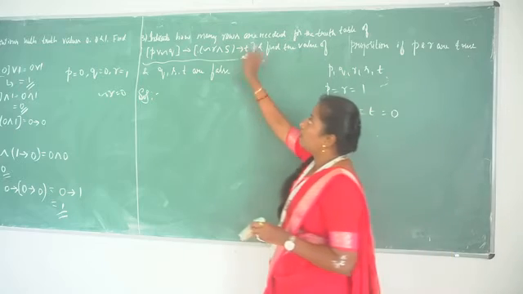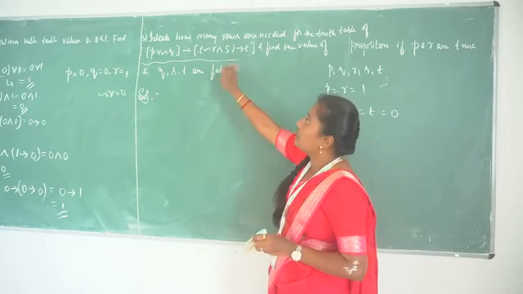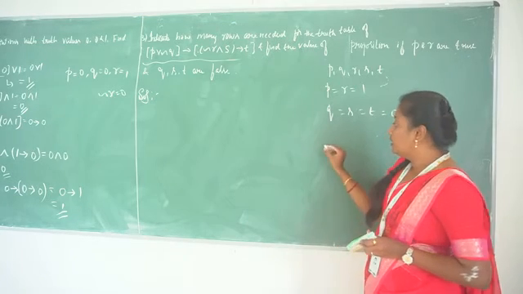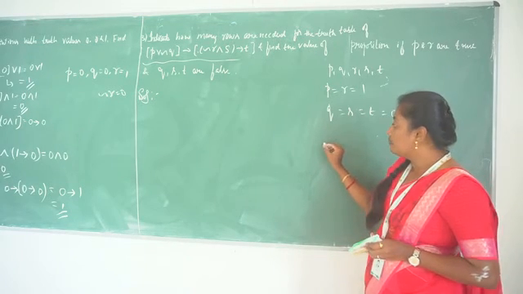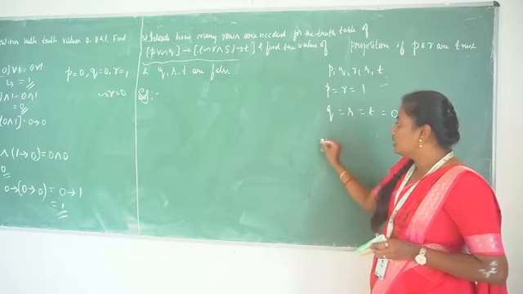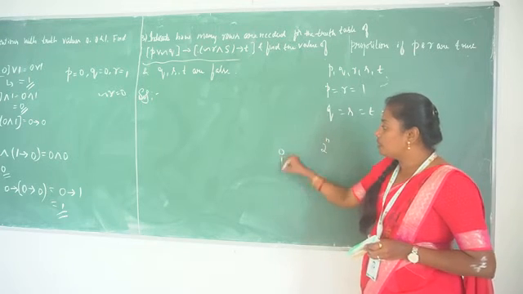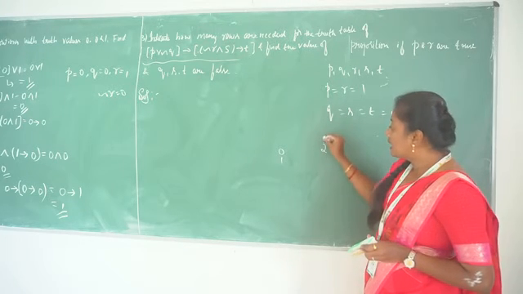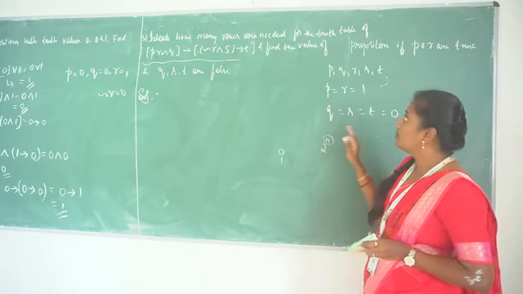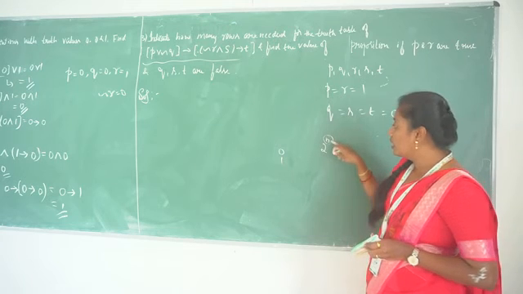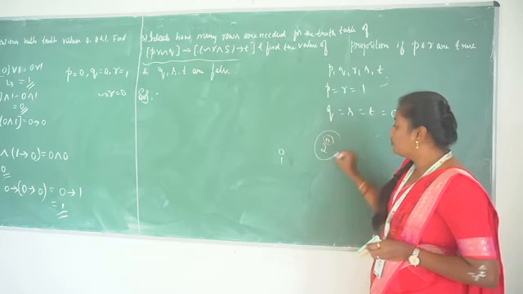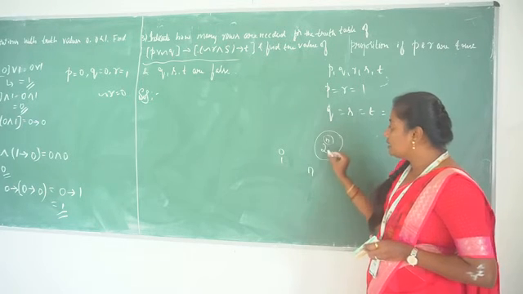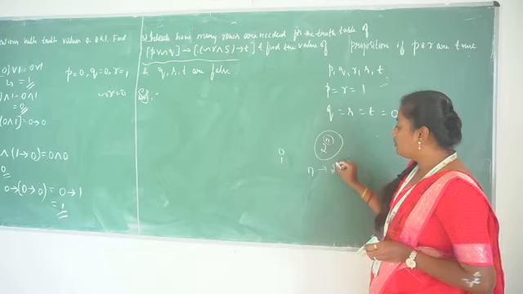First we have to find how many rows are there in the truth table containing this compound proposition. We know that a truth table contains 2 power n rows. This 2 represents the truth values 0 and 1, which implies 2 values, and n is the number of propositions. If the compound proposition has n propositions, then its truth table has 2 power n rows.